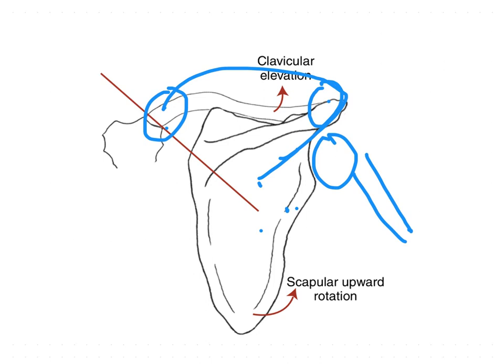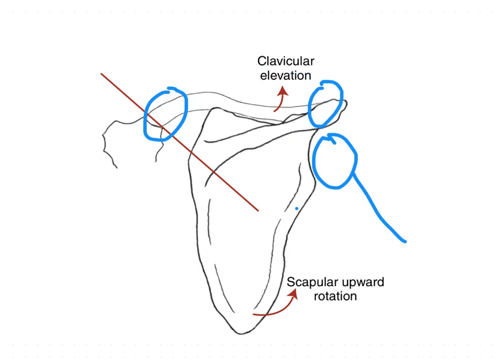Because of that, the movement taking place in the scapulothoracic region also contributes during arm elevation, whether it is flexion or abduction. Some movements also take place in the acromioclavicular joint as well as the sternoclavicular joint.